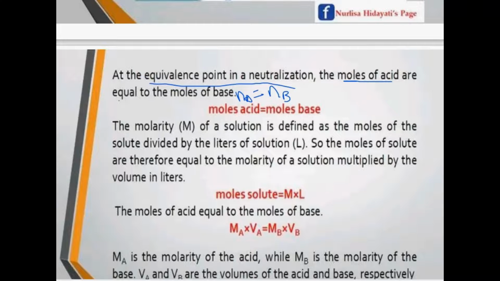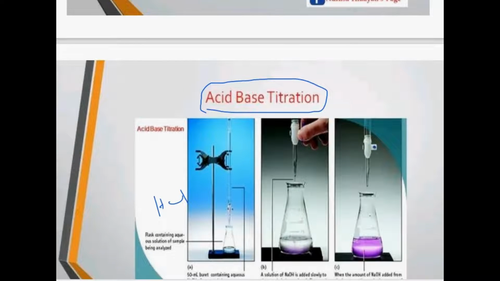So in a simple calculation, if you fill this burette with, let's say, 50 ml of sodium hydroxide, then you keep titrating, and at a point of 30 ml you realize that the color has changed. It means the difference between 30 and 50 is what? 20.